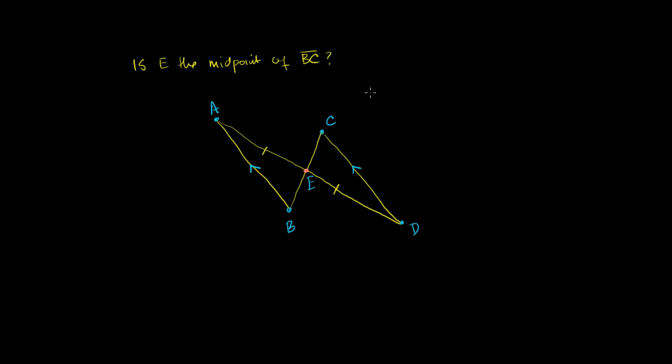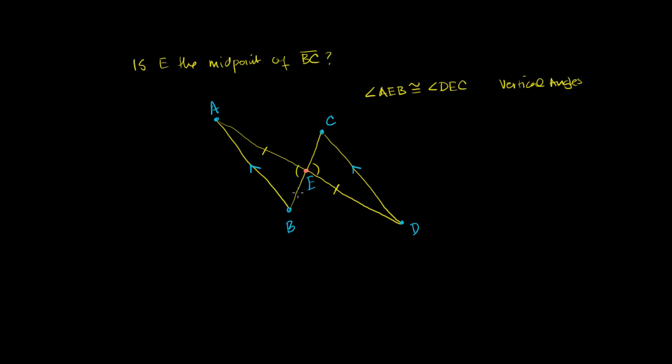So angle AEB is going to be congruent to angle DEC, which really just means they have the exact same measure. And we know that because they are vertical angles.